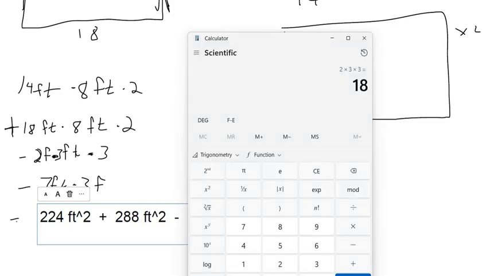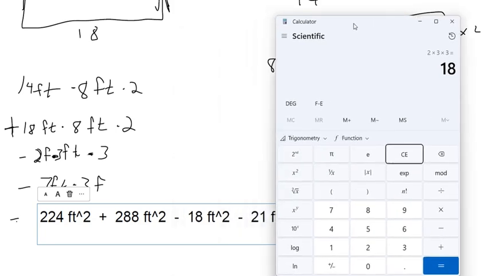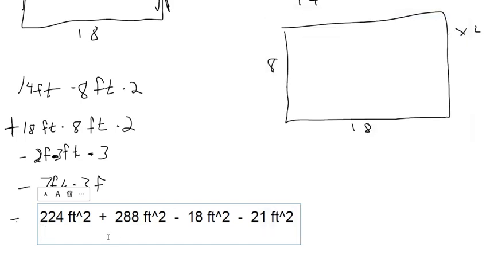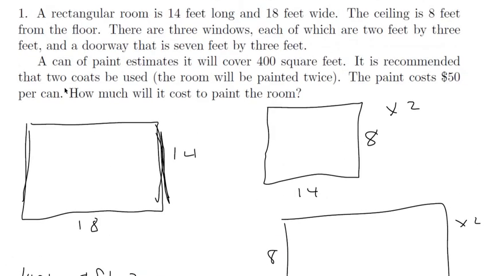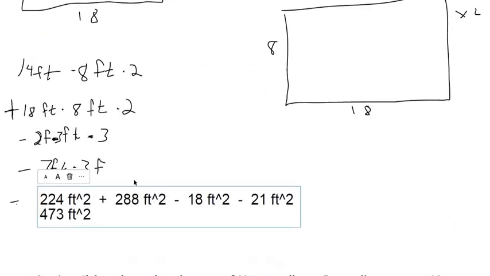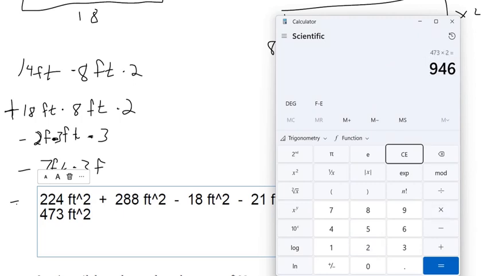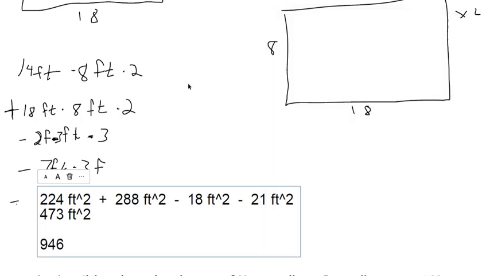So adding and subtracting those, it's 473 square feet. That's how much we're going to have to paint. And they said that we're going to do 2 coats, so we got to double that. So total square footage after the 2 coats is 946 square feet.